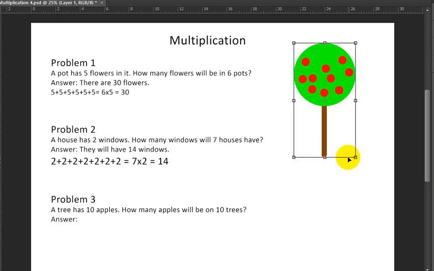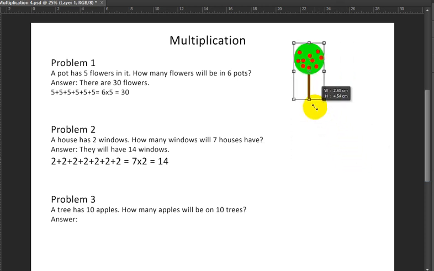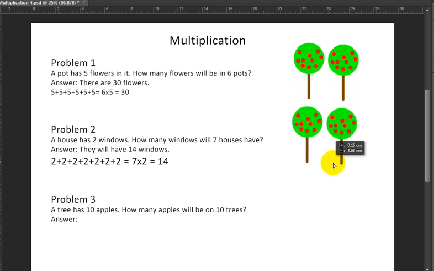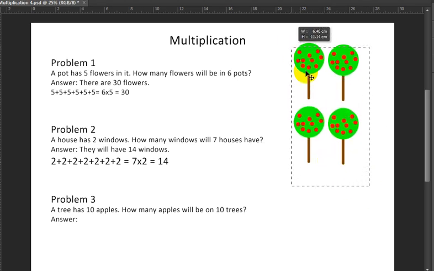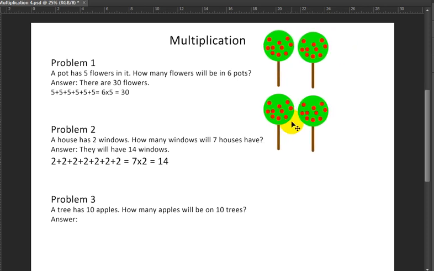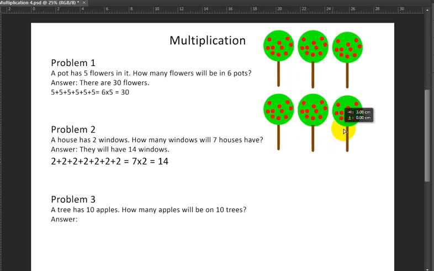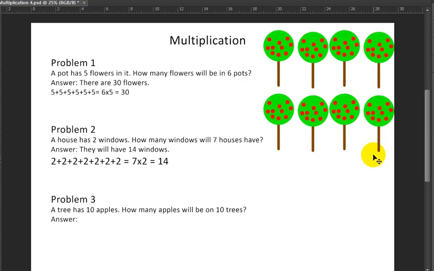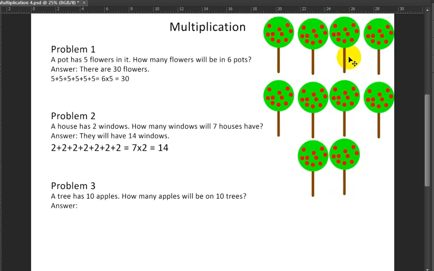Now I'm going to make it a little smaller so that they can all fit. Let's make 10 of them. Now we have 4. Now we have 8. And now we have 10, and they kind of look like lollipops. Now they're still trees.